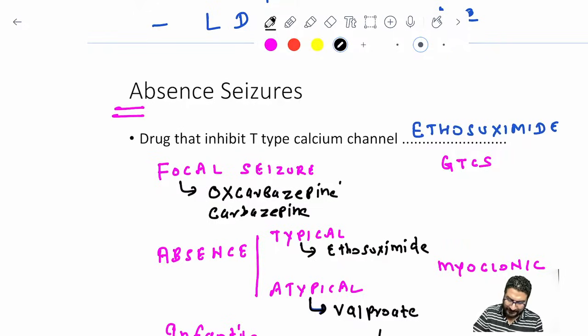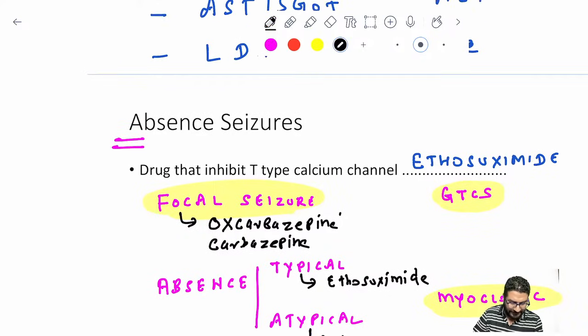Now see what is left. What is left? GTCS, myoclonic, and even in focal also. I repeat, even in focal also. In all these three, wherever I am highlighting, understand this thing. In these three, there are two drugs which you can add as a first line. In fact, I can say three drugs. What are these three drugs?